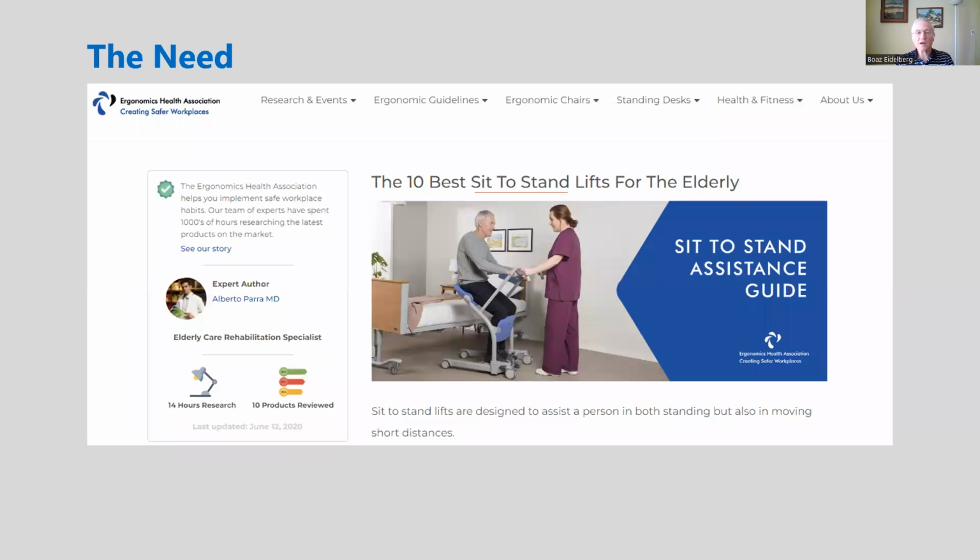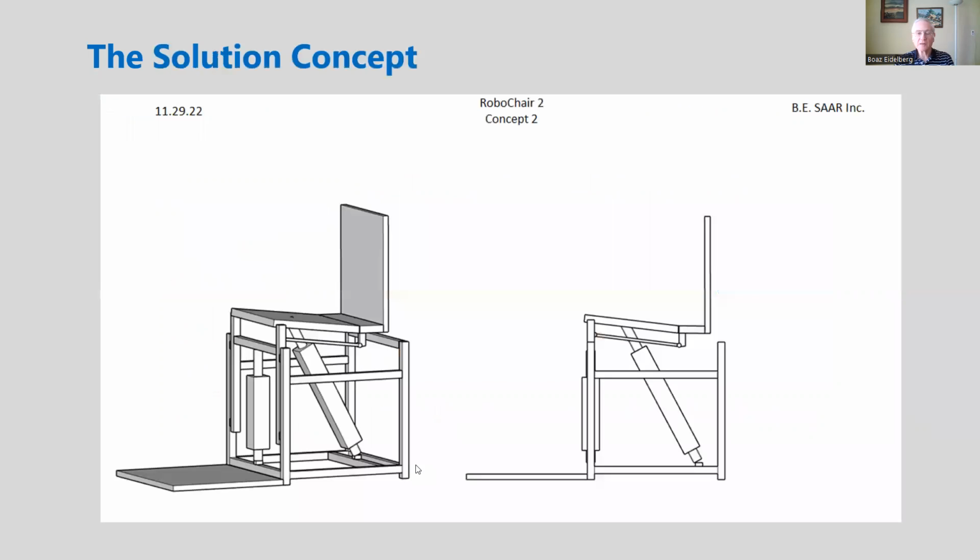So let's take a quick look at some examples of product development, where we see here that the need is specified as a 6-10 lift for elderly. So a system concept that is newly being developed by Star Inc. is shown over here.